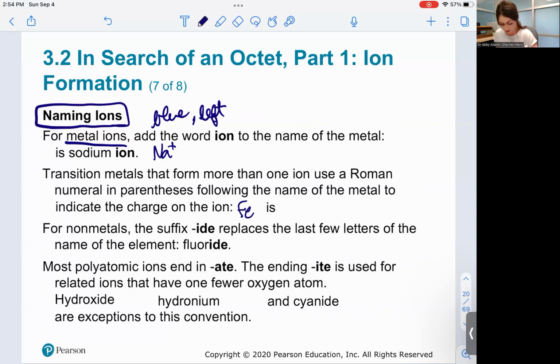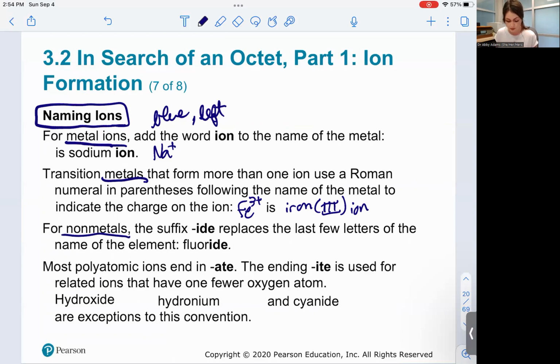So if we have iron 3, we're going to write just the name of the element, iron, then parentheses 3, and that's an ion because it's a metal, right? So the rule for metal ions applies. Okay. So that gives you some repetition. Now we did iron 2 and iron 3.